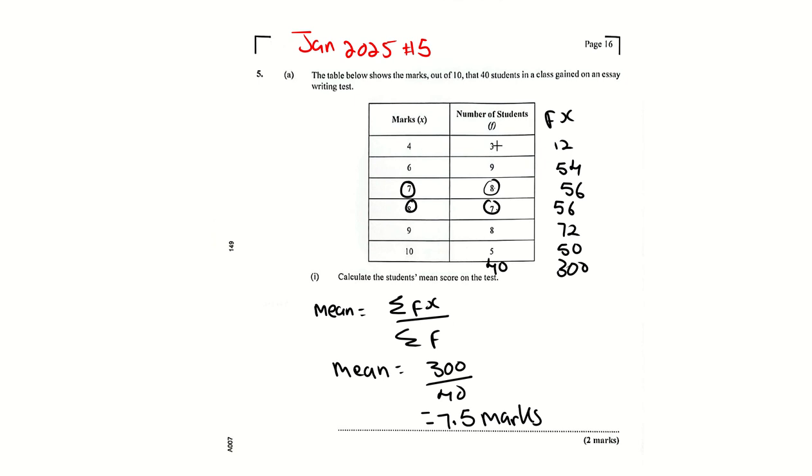We know that this is your third person, then 3 plus 9 would be your 12th person, then 12 plus 8 is 20. So after this 8, students would be 20 persons. But you want your 20.5th person. So that 20.5th person is going to be between 7 and 8. That is why we add 7 plus 8 and divide by 2.